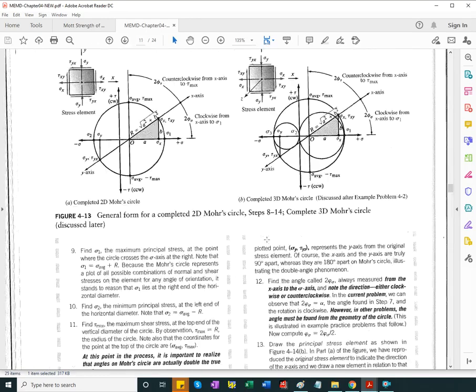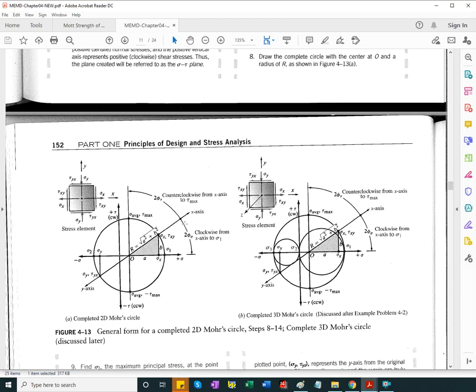Seeing that the x-axis on the Mohr circle grows from the origin in this direction, one thing about the Mohr circle diagram is that angles are twice as big. To get the principal element, I need to rotate the element half of this big angle, labeled 2 phi sigma, clockwise.